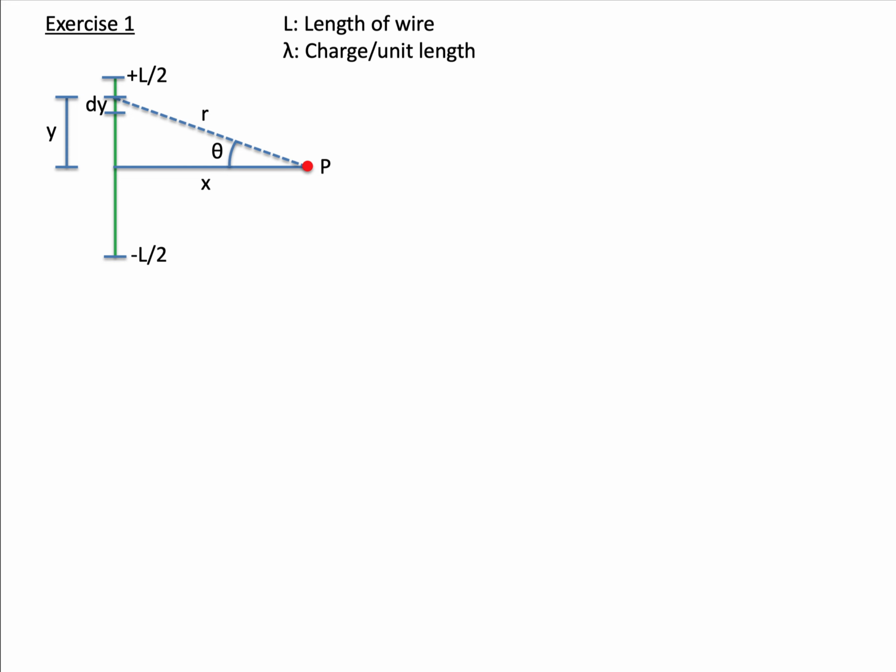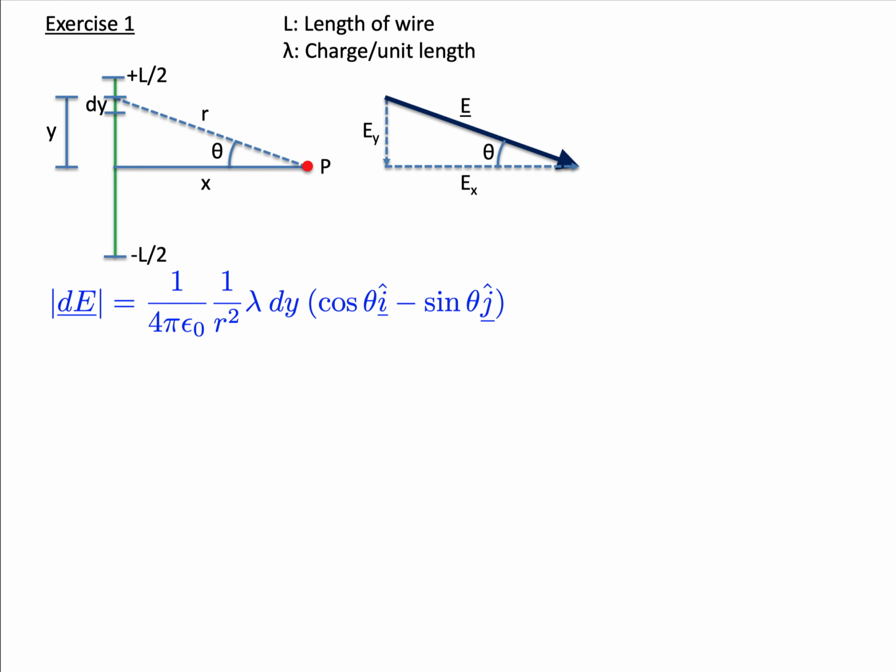To visualise the electric field from this segment, you can draw out the electric field diagram. The electric field from that segment is directed down along r to point P, with components in the x and y directions. We can now work out the electric field due to this tiny segment, which will be given by this equation.